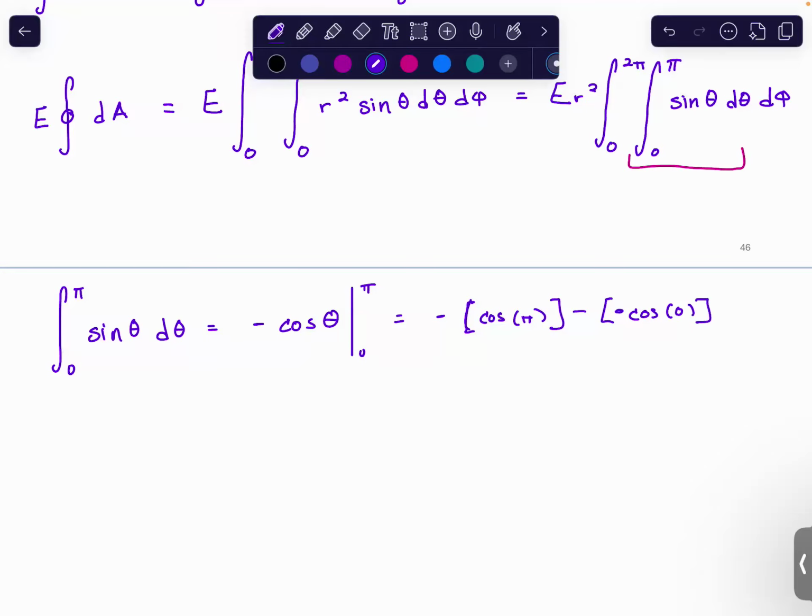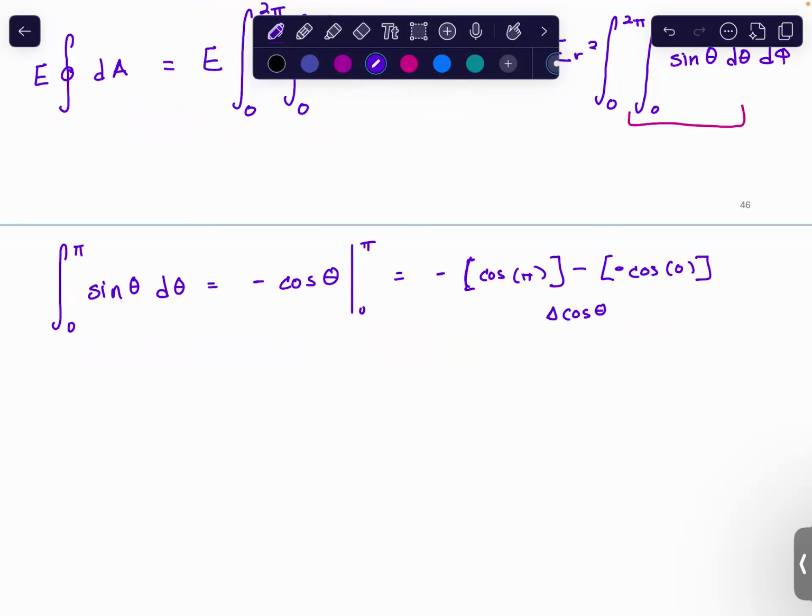So we're just taking a difference. It's essentially a delta cosine theta. So there's going to be a negative 1 minus 1. That whole thing integrates to be 2.